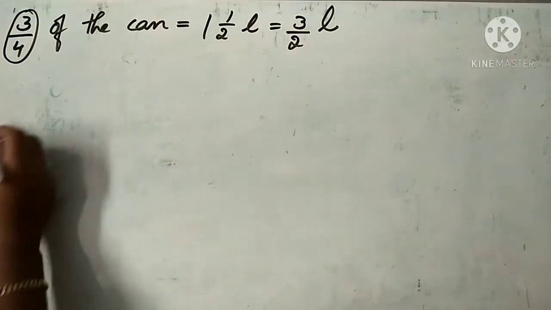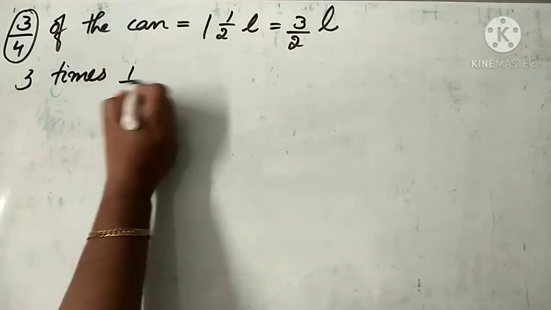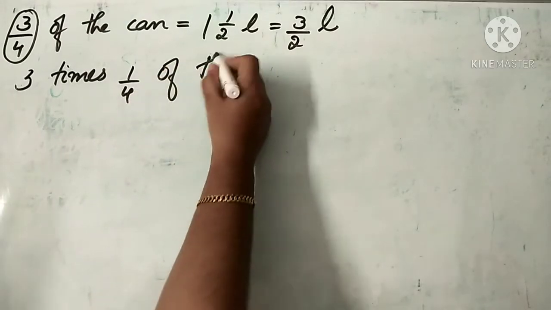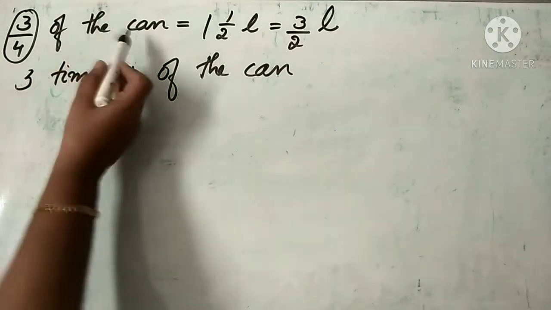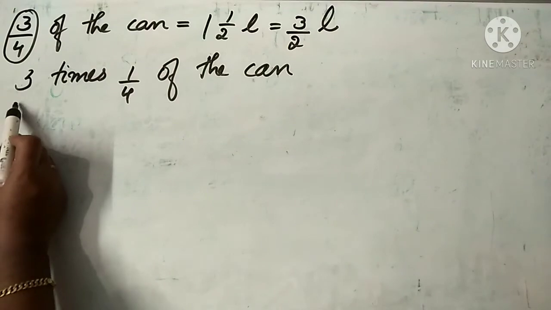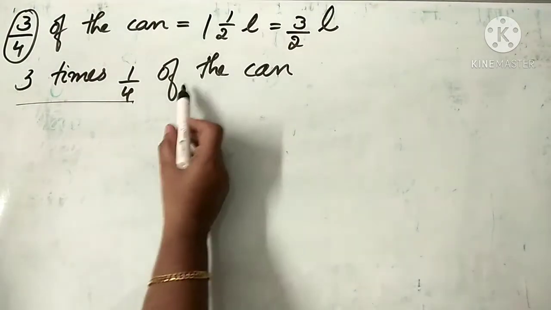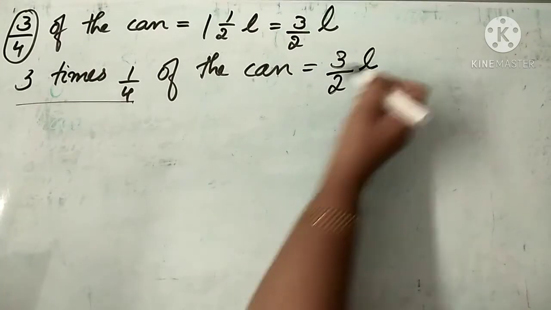So 3 by 4 we can write as 3 times 1 by 4 of the can, which is equal to 1 by 2 liter.